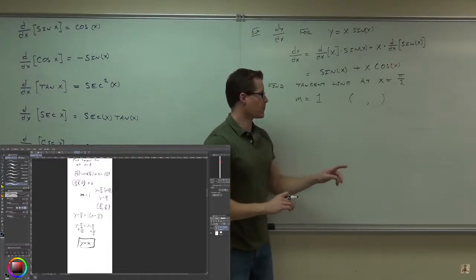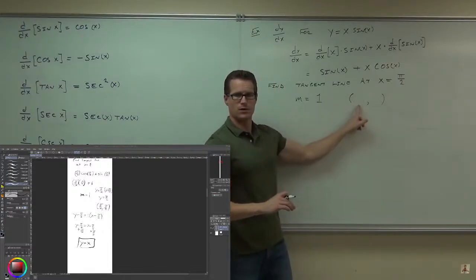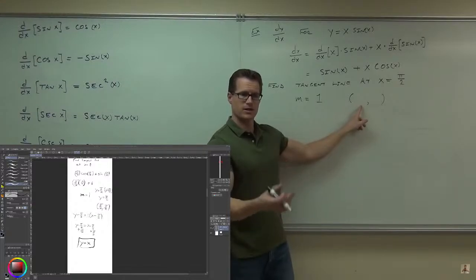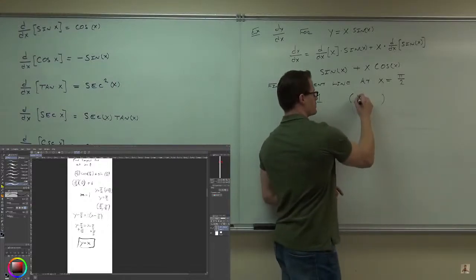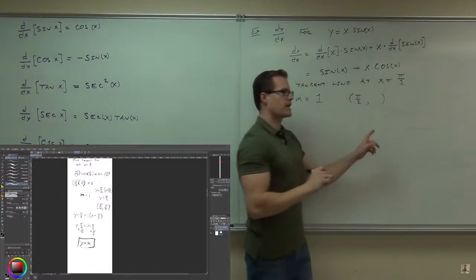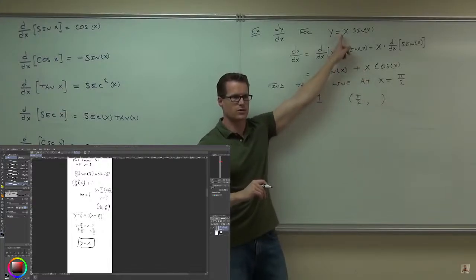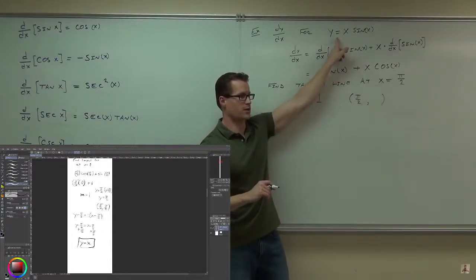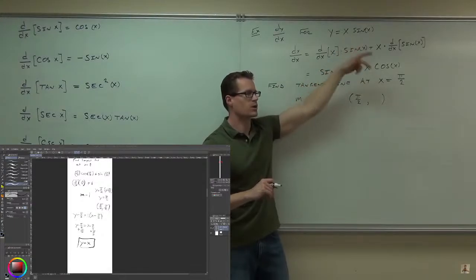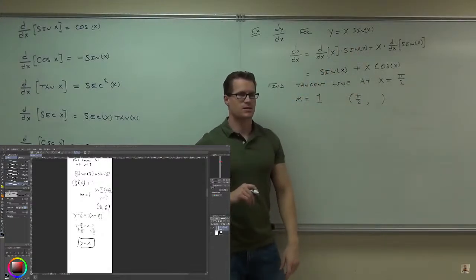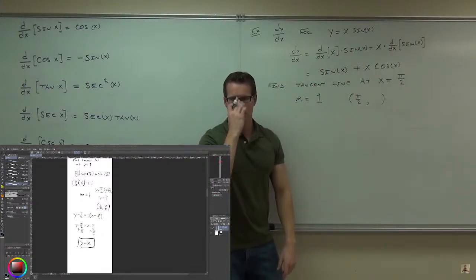Let's do the point. What goes here? Good, because it's my x-coordinate. It says x equals pi over 2. How can I find my y? Yeah, you know what? It even says it to you, doesn't it? It says y equals. Well, it tells you right there. Y equals something in terms of x. Plug in the x. So it's going to be x sine x.